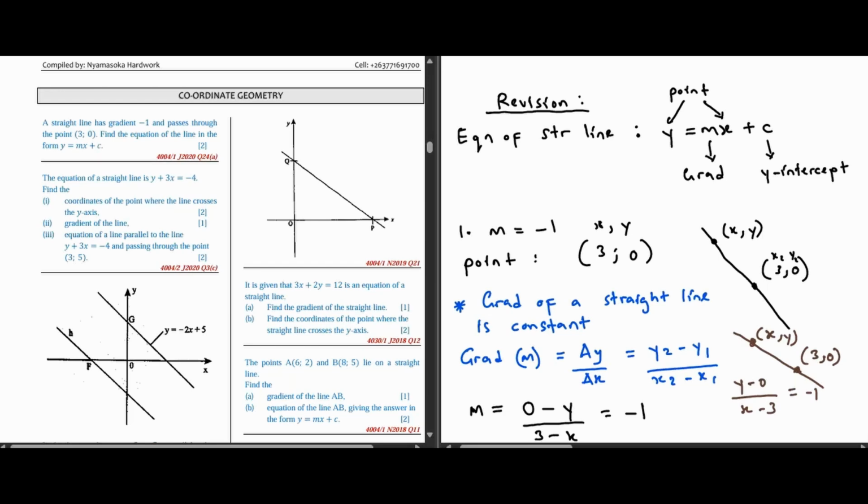So as you can see panapa, since tatora y kune this point tikati y minus 0, tadzokera patanga takutsvaga x, tadzokera futi tikanotora x kutanga kuti minus 3. Panapa taita the opposite, tanga nekutora 0 papoint inoi 0 minus y, tikadzokera futi kupoint iyi ikinotsvaga x kati 3 minus x. That is what it means.